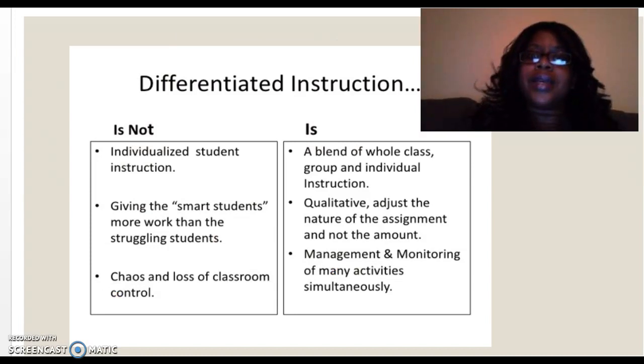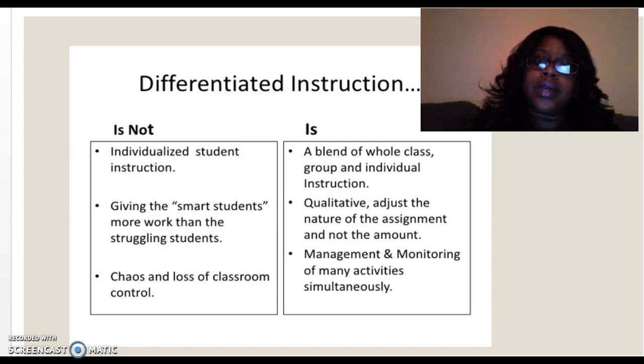Okay, I think it's also important to talk about what differentiated instruction is, and what it's not. It's not just individual student instruction. And it's not giving the smart students more work than the struggling students. I hear some teachers say that sometimes.